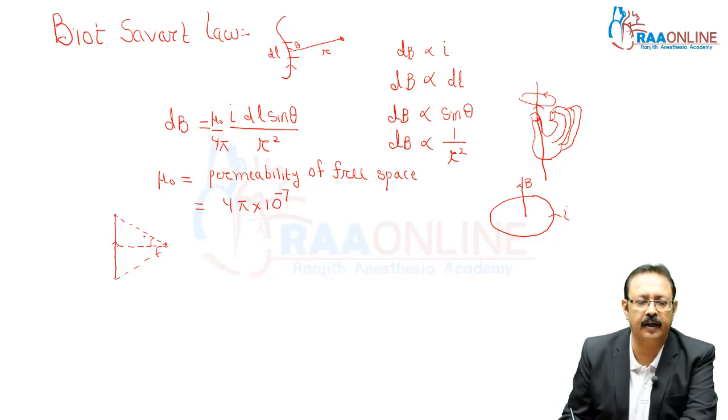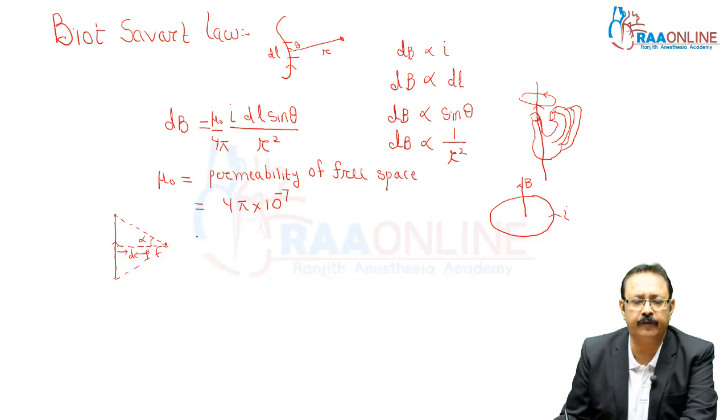Suppose one angle is alpha and another one is beta, and this distance is d, means distance of the point from the conductor is d or r, whatever you say you can take.